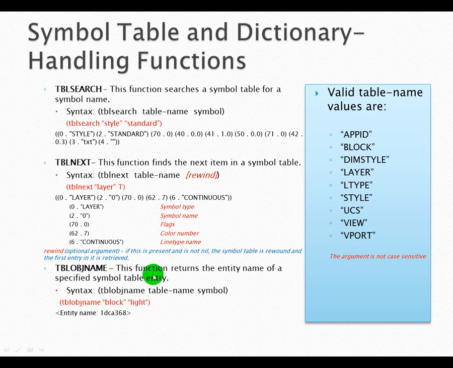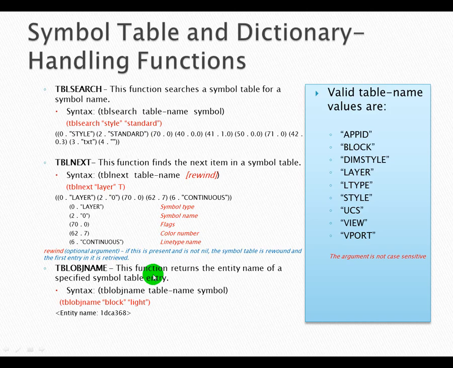The next function is TBLOBJNAME. This function returns the entity name of a specified symbol table entry. The syntax is TBLOBJNAME, then the table name and the symbol. It is about the same syntax as TBLSEARCH.